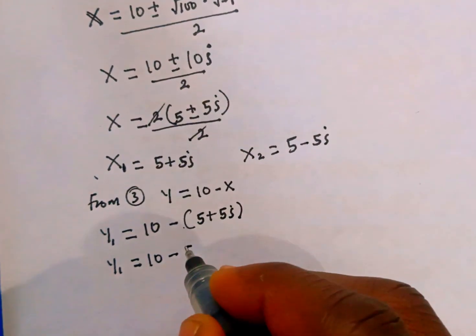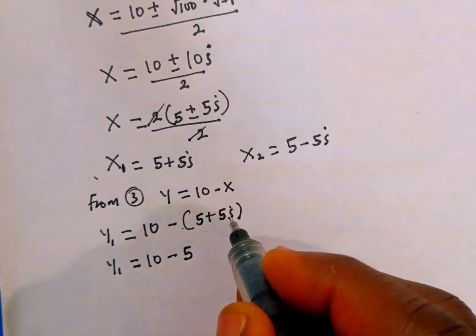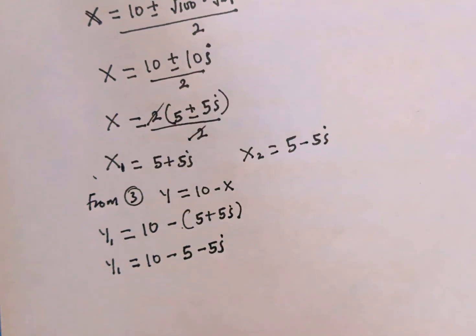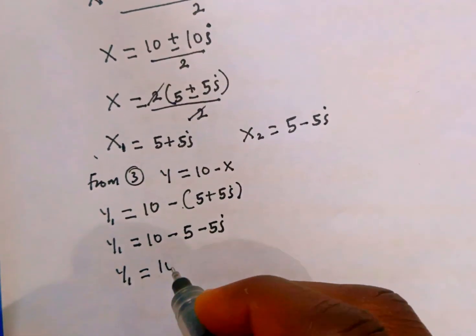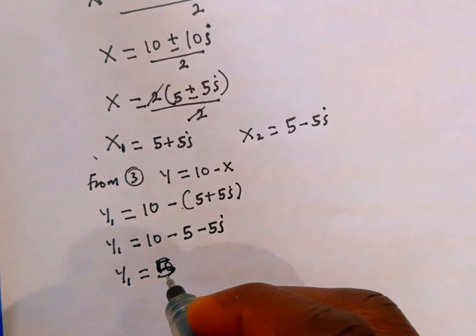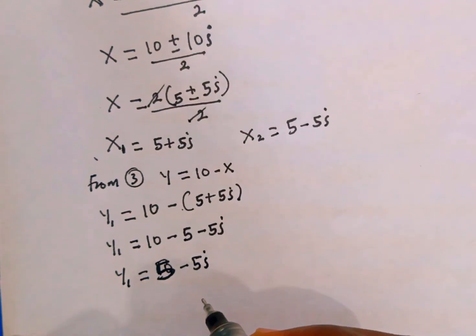Minus multiplied by 5 is going to give us minus 5, then minus multiplied by plus 5i is going to give us minus 5i. So now we get the value of y1 to be equal to 10 minus 5, which is 5, then minus 5i. So this is the value of y1.